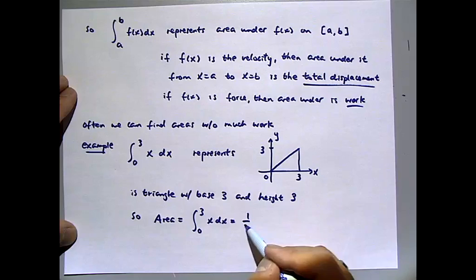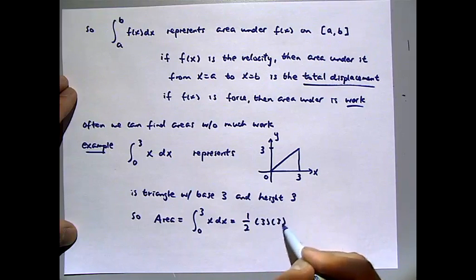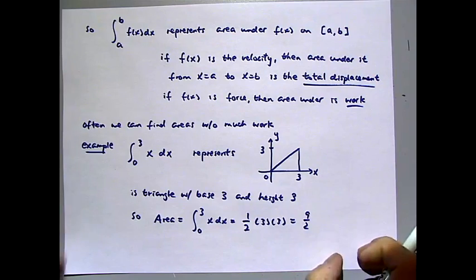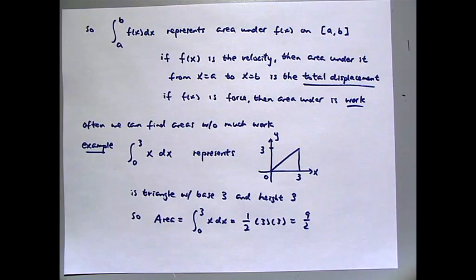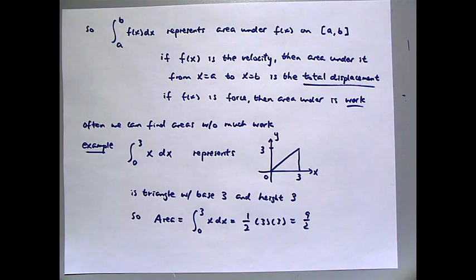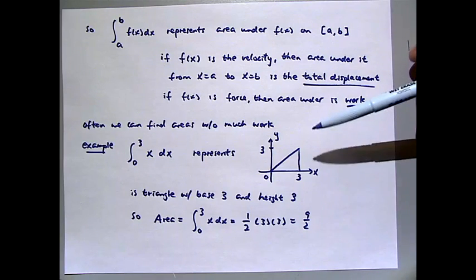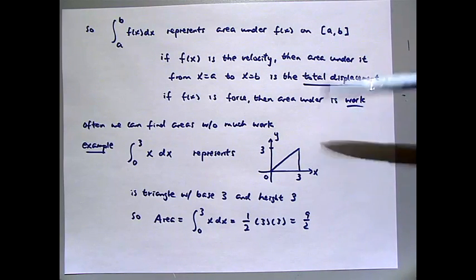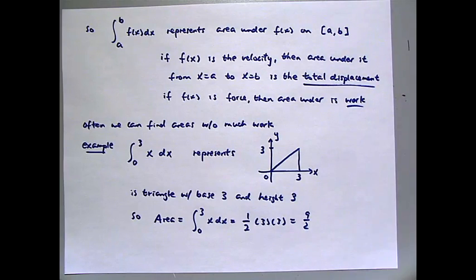We know the area of a triangle with a base 3 and the height 3, and that's 9 over 2. Right? If you can tie this into an elementary shape, then you don't need to do that Riemann sum stuff because you don't have to. You know the area. You only do Riemann sum if you have a complicated shape that you can't deal with in the most elementary way. Let me show you one more example.